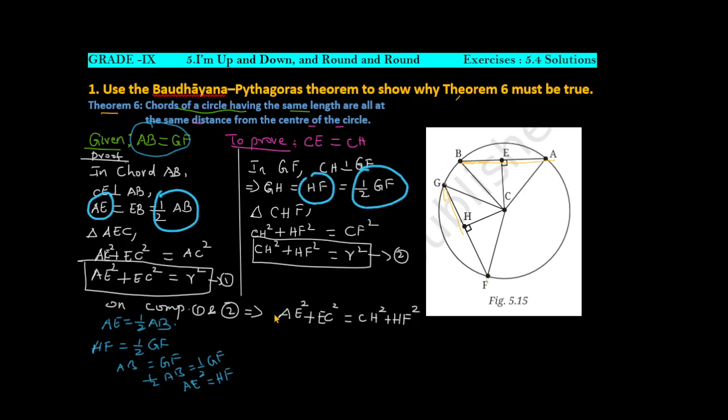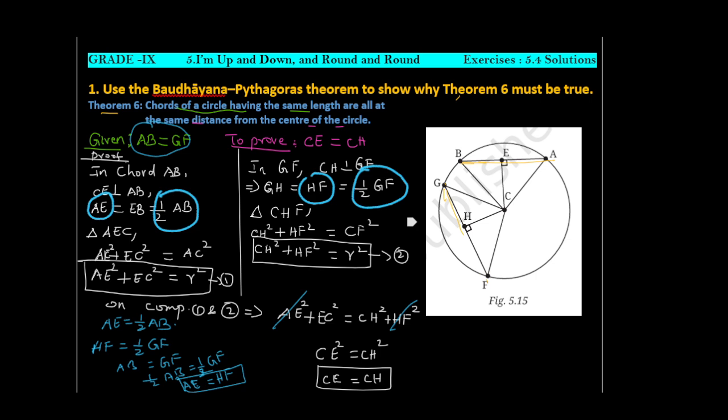So AE squared and HF squared are equal, because AE is equal to HF, and we can cancel them. Then we get CE squared is equal to CH squared. So CE is equal to CH. So when the chords are equal, the perpendicular distances are also equal. We proved it without using any concurrency concept, using the Pythagoras theorem.